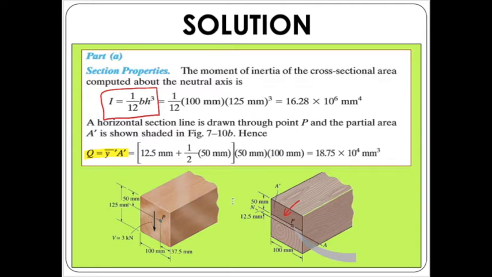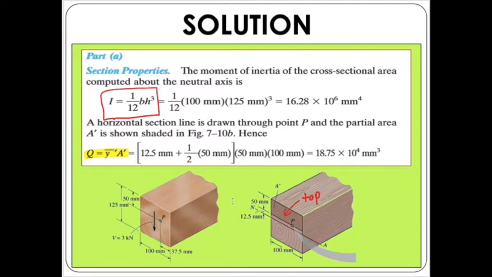When we are considering the area as the top part of the segment, the y bar must also be of the top part of the segment. The distance is actually the centroid of the A prime value.